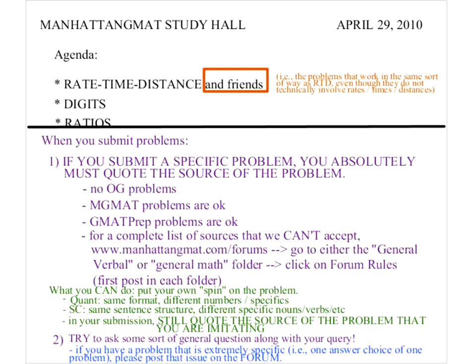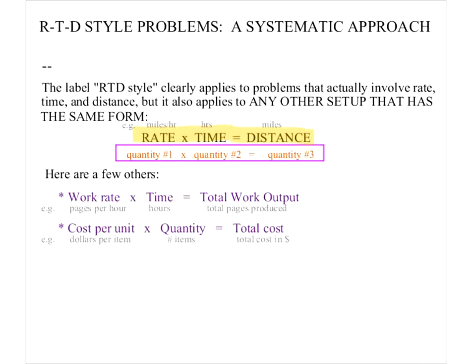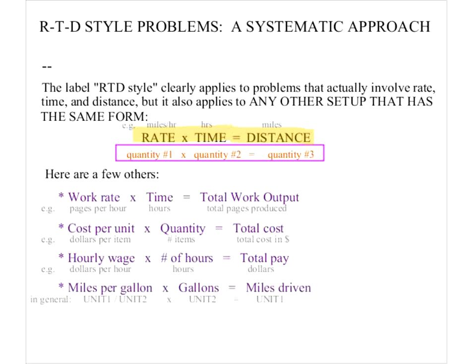So here's a few more of those. Hourly wages times number of hours worked equals total pay, which is very closely related to the last one. I mean, both of them are dollars per something. Miles per gallon times gallons equals miles driven.